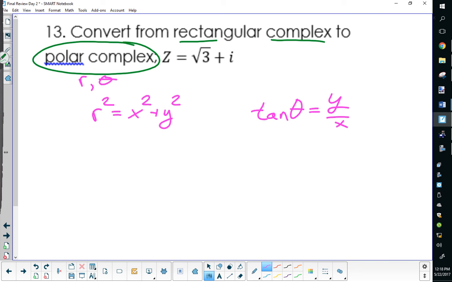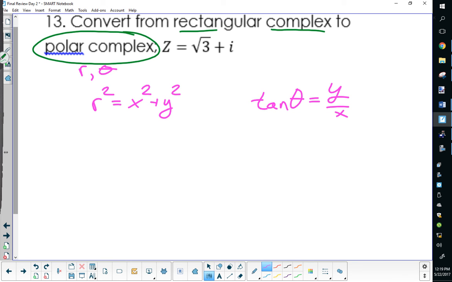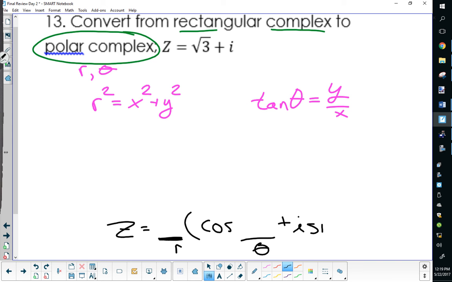The only difference between this problem and the problem earlier is we are going to polar complex. So in the end, we are putting it in that z form of r times cosine theta plus i sine theta. We're finding out what our r and theta are still. We're just filling it into there.